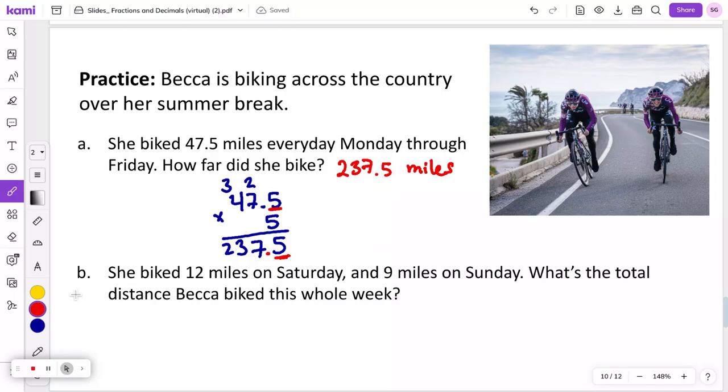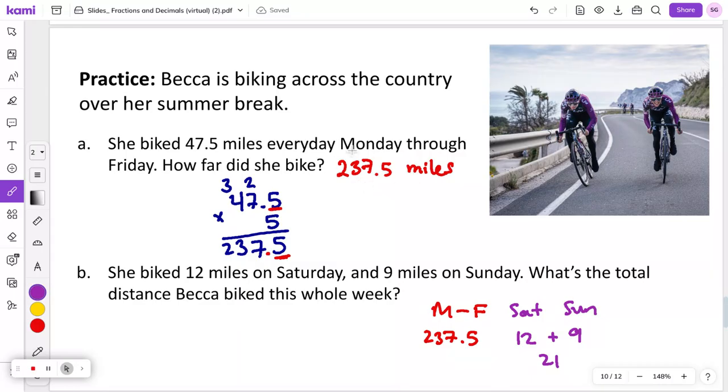For part B, we've got she biked 12 miles on Saturday and 9 miles on Sunday. So what is the total distance Becca biked this whole week? Well, we already know Monday through Friday is 237.5 miles. So now I just need to add in Saturday, another 12 miles, and Sunday, 9 miles. I know 12 plus 9 is 21.